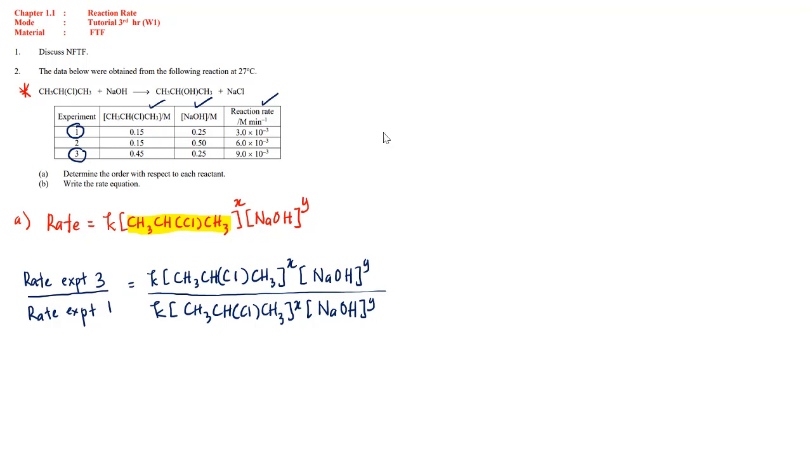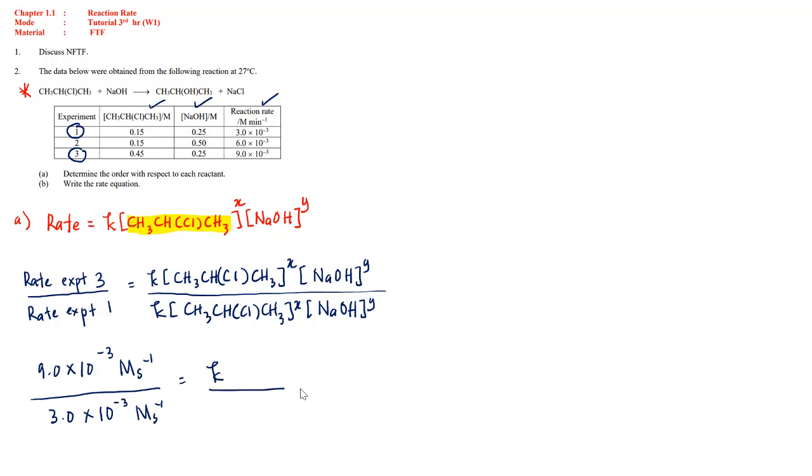Since experimental data from experiment 3 and 1 was chosen, we will substitute the values. So rate from experiment 3 is 9.0 times 10 to the power of negative 3 molar per second, divided by 3.0 times 10 to the power of negative 3 molar per second.